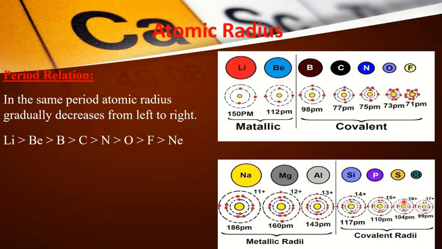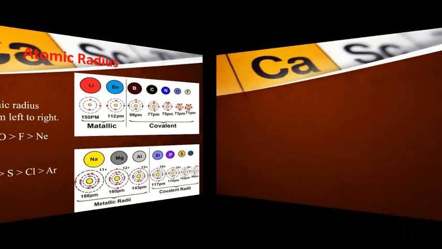As a result, attraction also increased, and the radius becomes decreased. So from sodium to argon, the atomic radius gradually decreases from left to right.